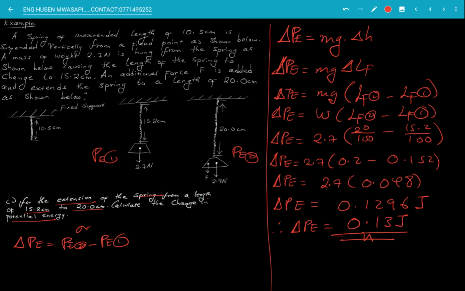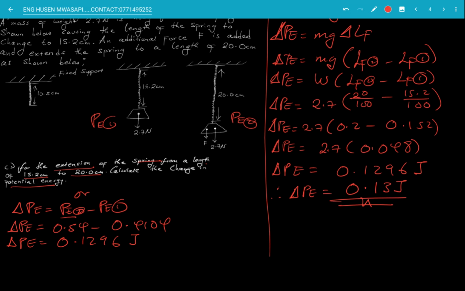If you recall from what we found in our previous examples, potential energy 2 was found to be 0.54 minus potential energy 1, which was 0.4104, and the change in potential energy of these two is equivalent to 0.1296 joules. And this is now what we're saying, the change in potential energy is equivalent to 0.13 joules. So basically, going about this is very, very simple.